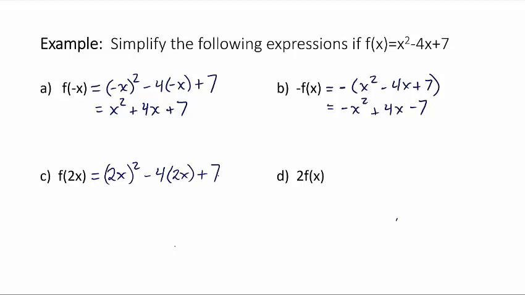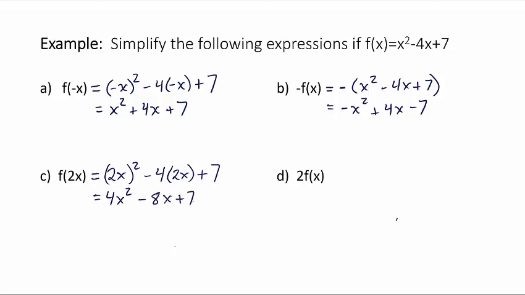Okay, so now that we have our function with an input of 2x, we're going to simplify that. When we have 2x quantity squared, we have to square the 2 and we have to square the x. So we're going to have 4x squared minus 8x plus 7.